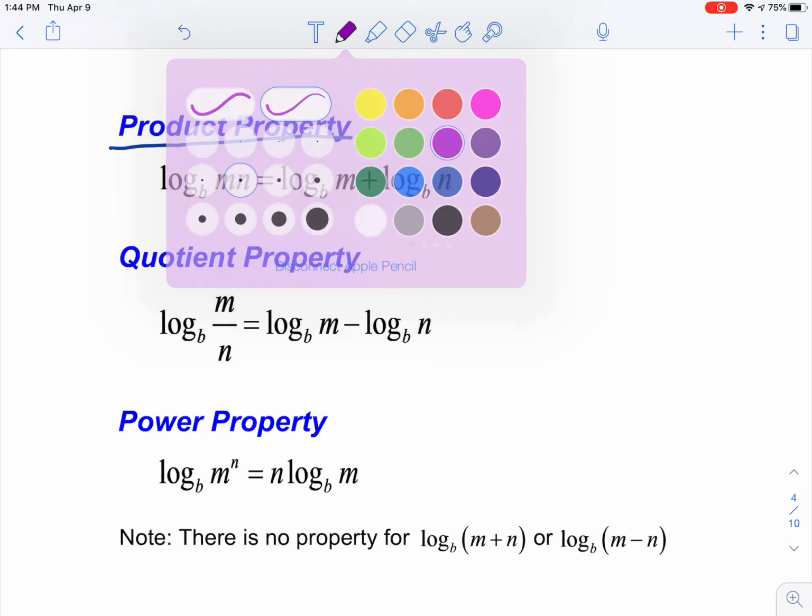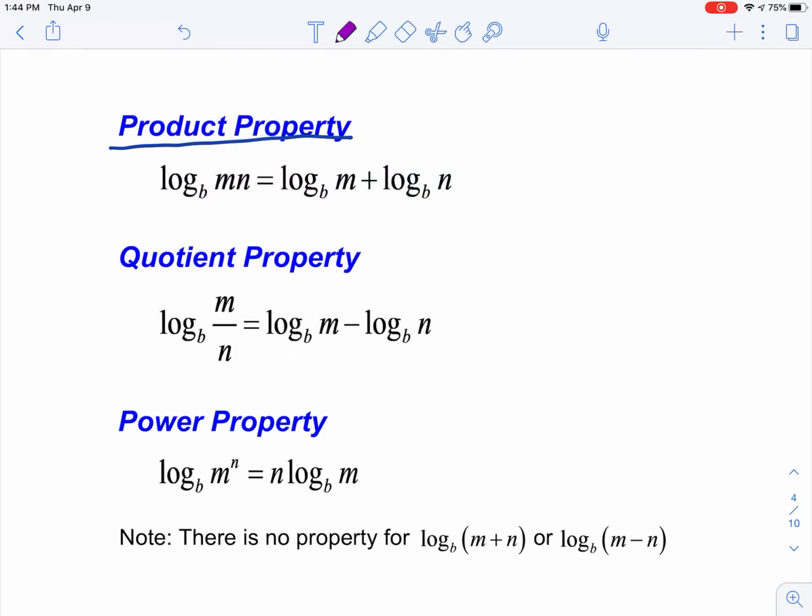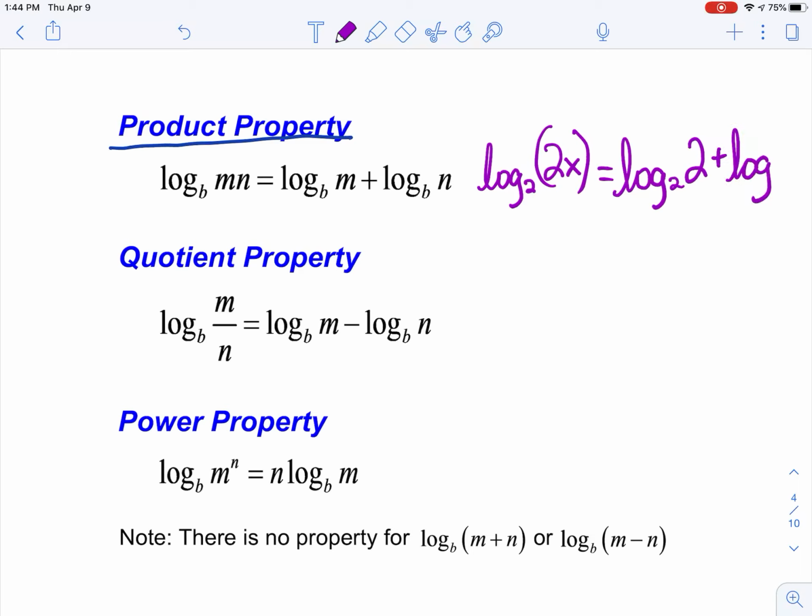So let's do a quick problem. How about log base 2 of 2x? I can expand that to be log base 2 of 2 plus log base 2 of x.